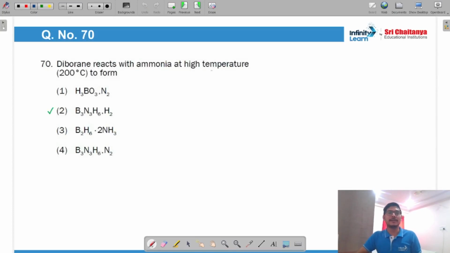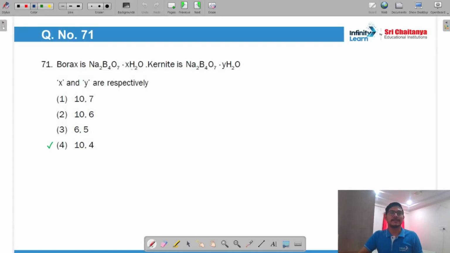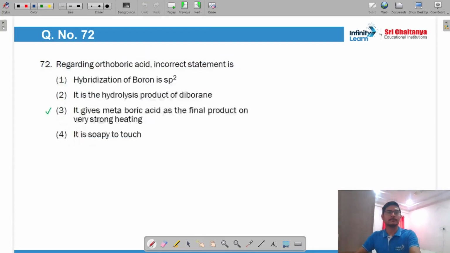Diborane reacts with ammonia at high temperature to form borazine, borazole, which we also call inorganic benzene, so B3N3H6 and hydrogen. Borax has 10 H2O, whereas kyanite, another ore of boron, has 4 molecules of water. Regarding orthoboric acid, the incorrect statement is that it gives metaboric acid as the final product.